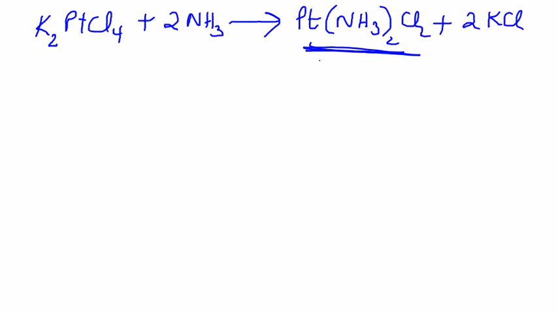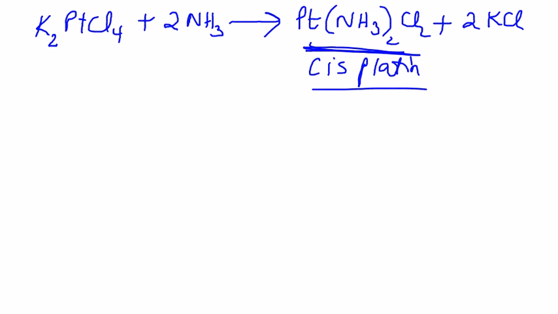This is also called cisplatin. And it was discovered at Michigan State University, and it's going to give you KCl essentially as your byproduct in this reaction. That's what you're going to get.